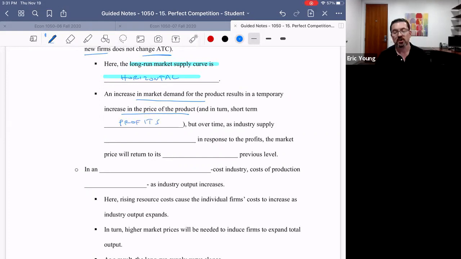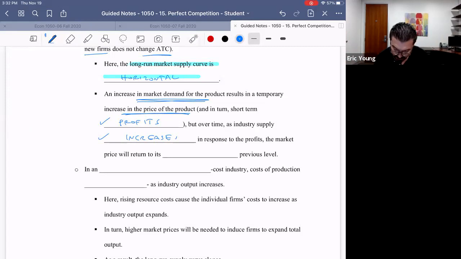But you know that short-term profits will cause the industry supply to increase because of entry and expansion of output. So again, if you have an increase in market demand for the product, you're going to get an increase in the price of the product. It's going to lead to some temporary profits. That's going to lead to the industry increasing supply.